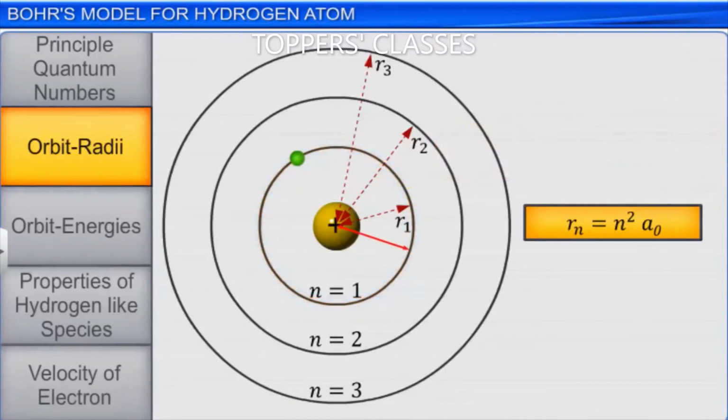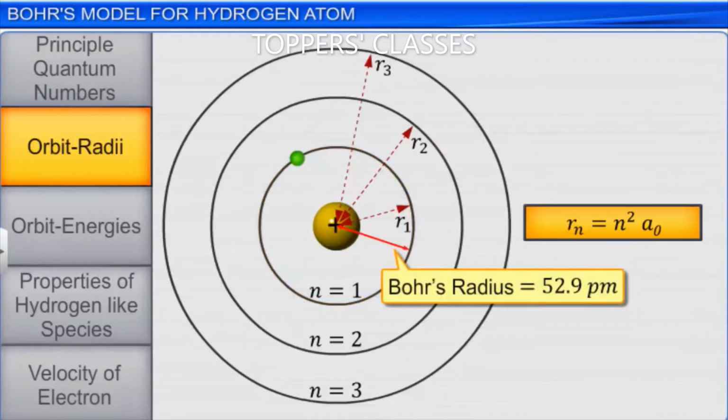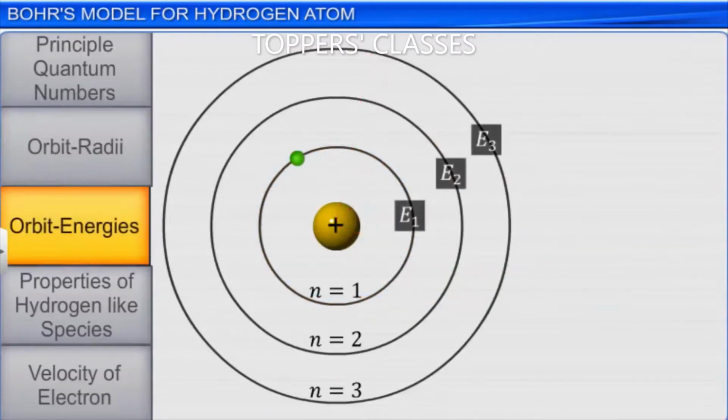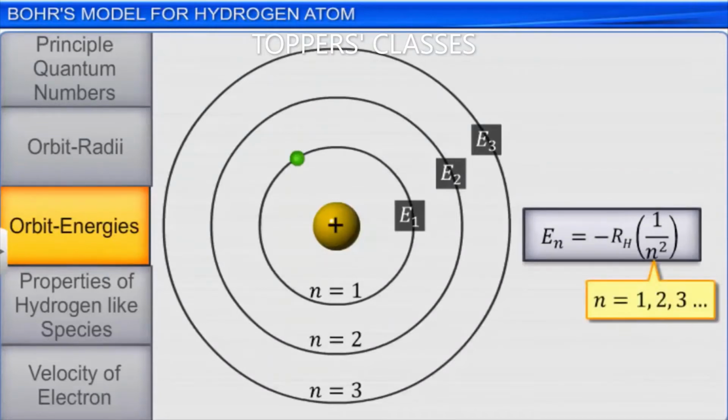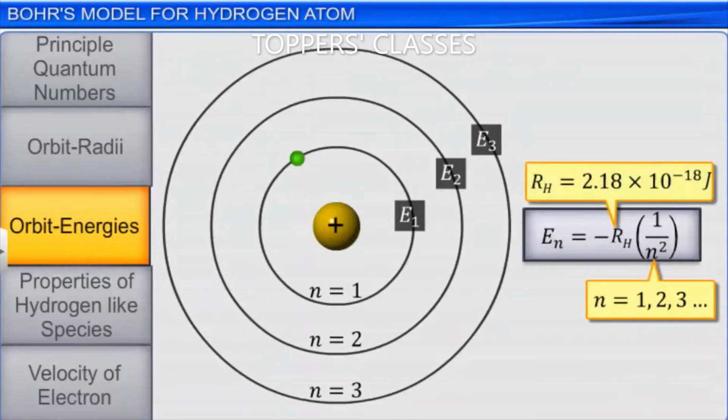The energy of a stationary state or orbit is given by the equation: energy of the nth orbit, E_n, is equal to minus R_H multiplied by 1/n², where n is the principal quantum number of the orbit and R_H is Rydberg's constant, whose value is 2.18 × 10^-18 joules.